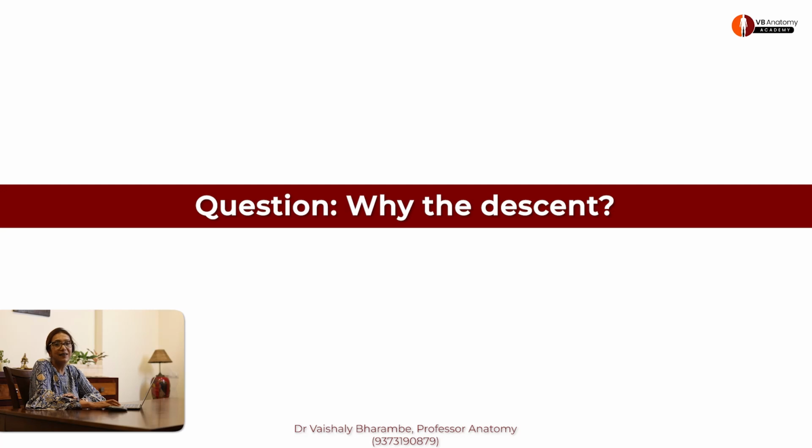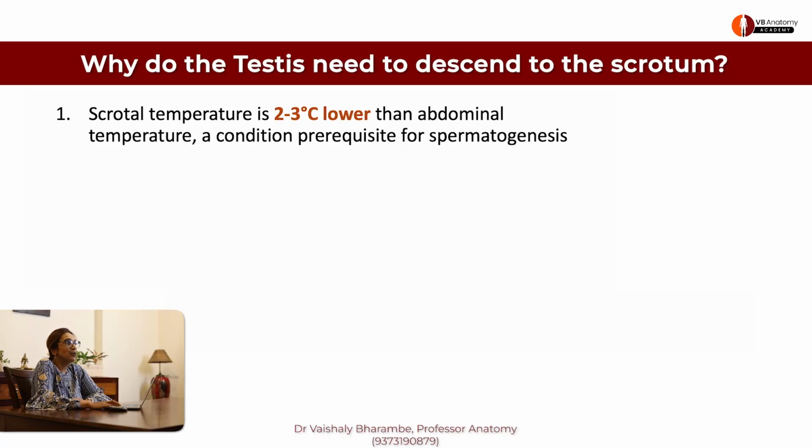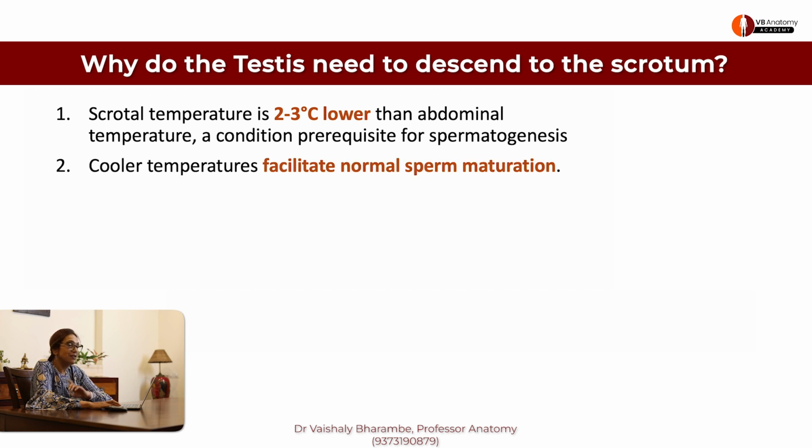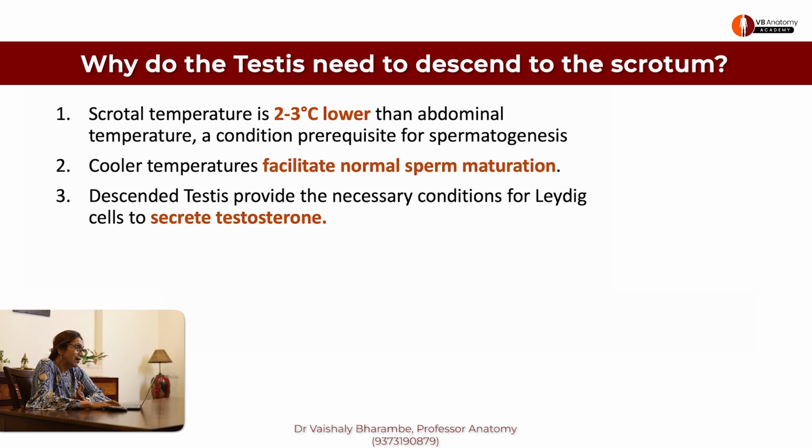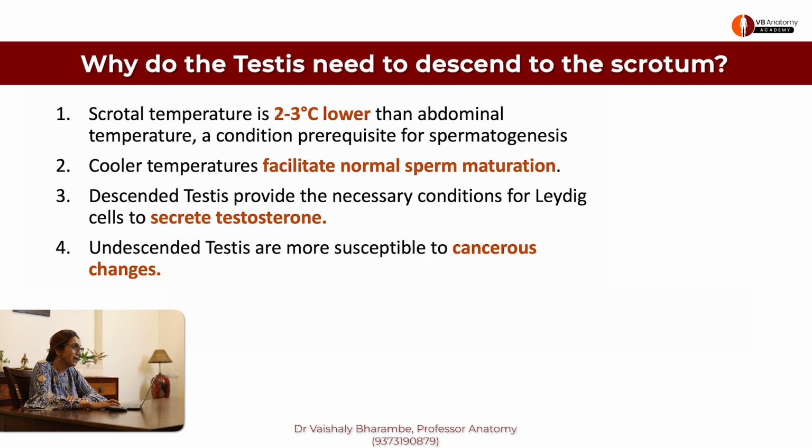Okay, so why the descent? Why should the testes, like the ovary, not stay inside the abdominal cavity? So, the scrotal temperature is 2 to 3 degrees lesser than that in the abdominal cavity, and this is a temperature which facilitates normal sperm maturation. Descended testes provide necessary conditions for the Leydig cells to develop so that they can secrete adequate amount of testosterone.